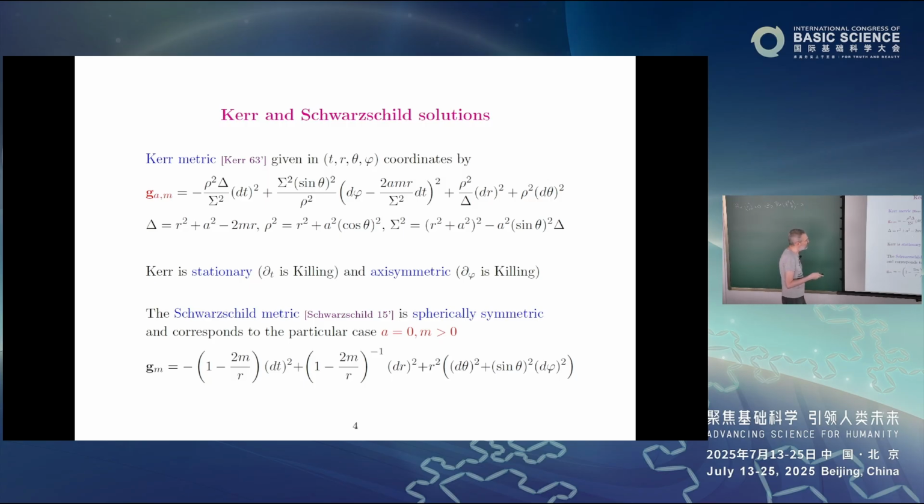And finally, if you look at all the metric coefficients here, even though they are complicated, they only depend on coordinates r and theta, and in particular, they do not depend on the coordinate t nor the coordinate phi, which means that you have indeed a stationary solution. In that case, you say that d/dt is Killing. And you are also axisymmetric, so d/dphi is Killing, which means that your black holes are rotating around an axis.